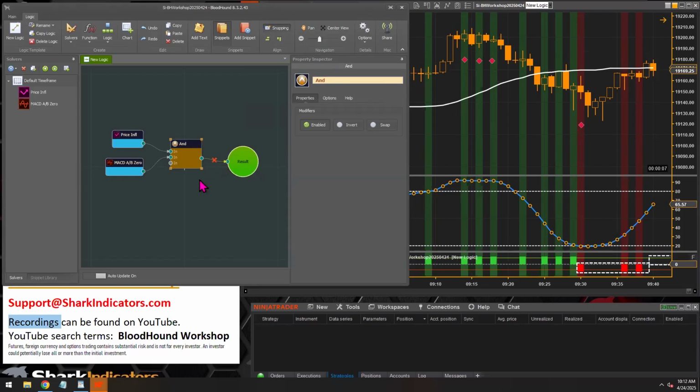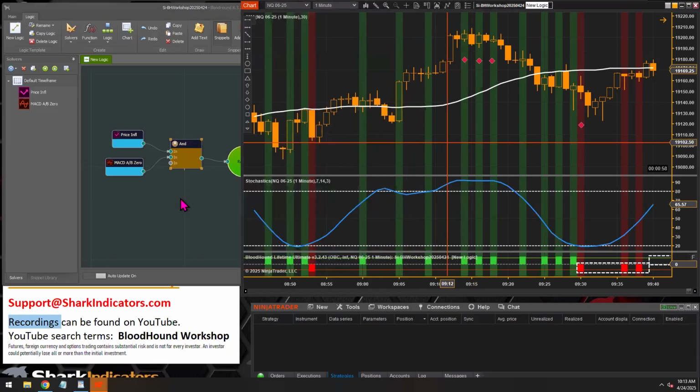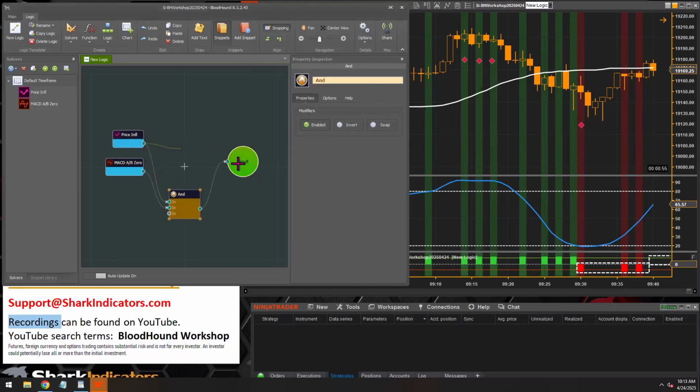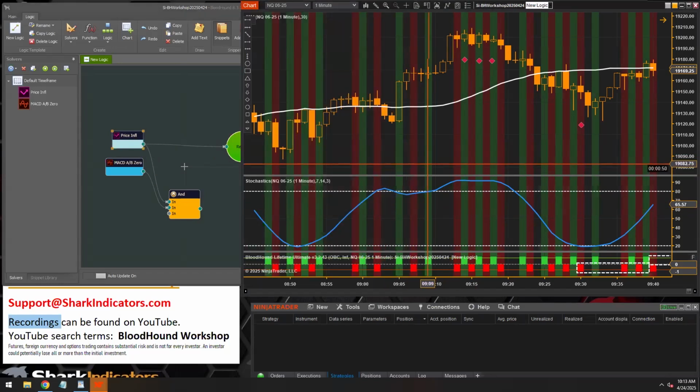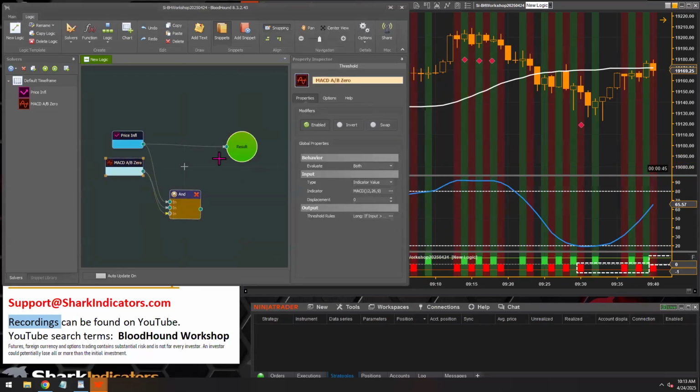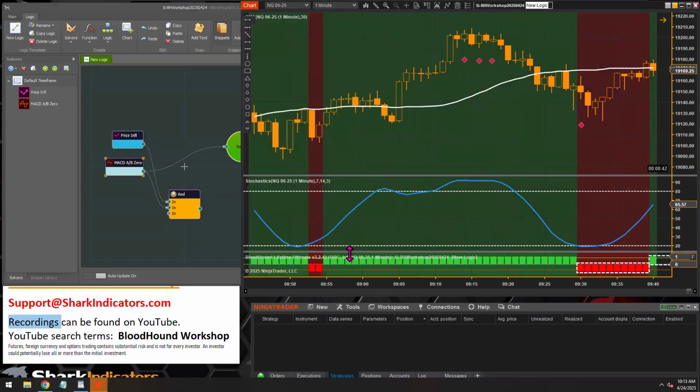If you haven't consciously realized it, these signals only work when, we have this inflection solver, and it's generating longs and shorts all the time, constantly. And then we have this MACD filter, so we get these periods of longs only and shorts only. So whenever the long signals match up, we get a long output.